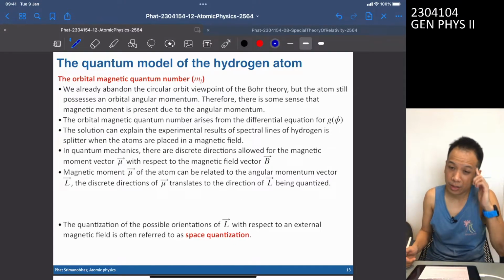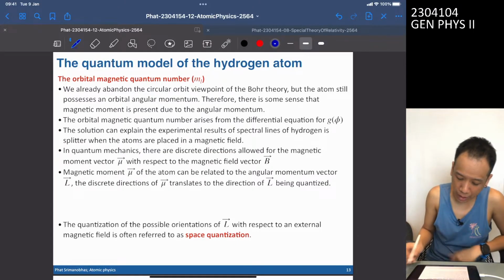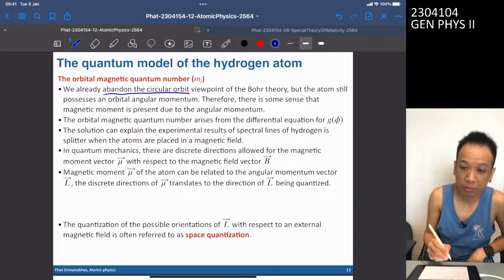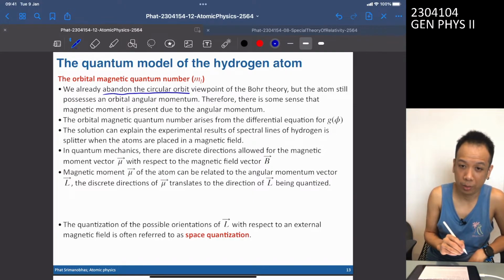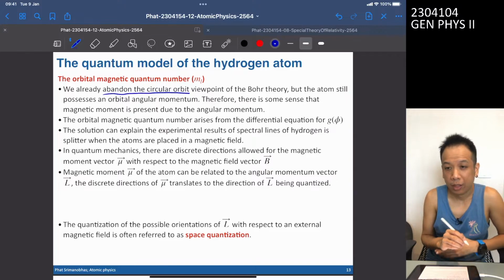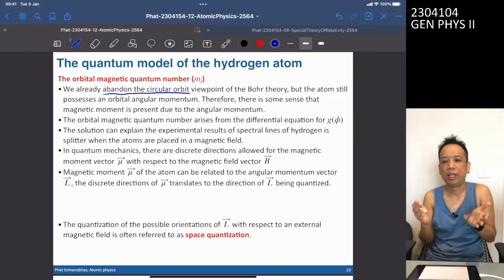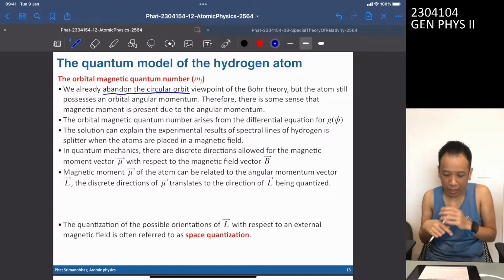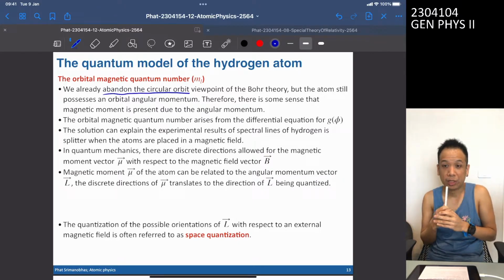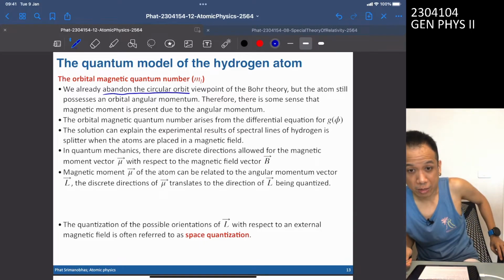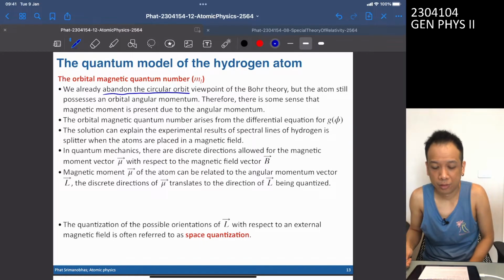However, just remember that we already abandoned the circular orbit viewpoint from Bohr theory, so it's not a clear path that the electron is moving in. However, the atom still possesses orbital angular momentum, so the magnetic moment still exists.